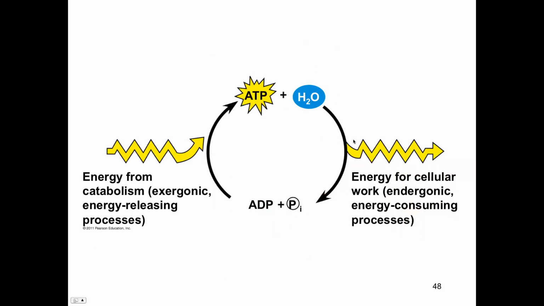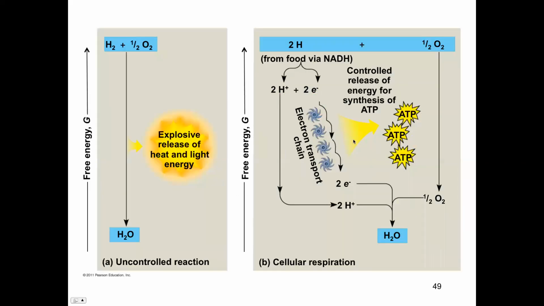It's a recycled molecule. Now, food, all right? Think about this. You're using oxygen to digest and break down your food, and it is very similar to what happens when you light a fire. You're burning wood, right? And in our case, we're burning sugar. All right.